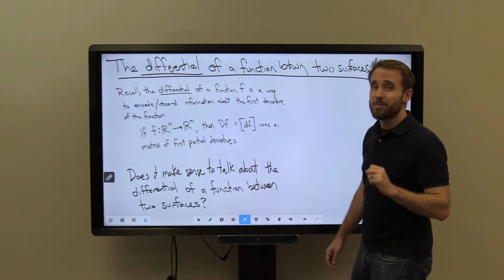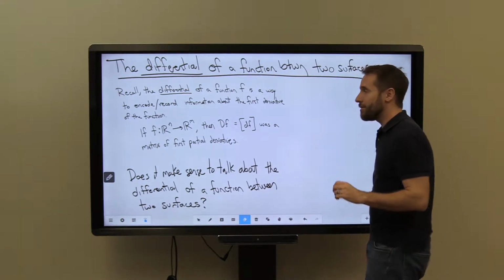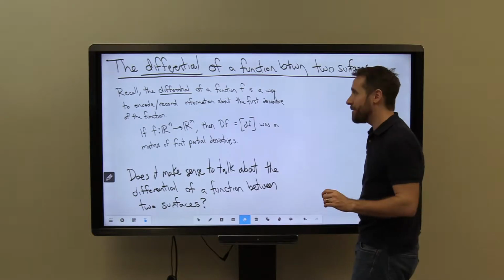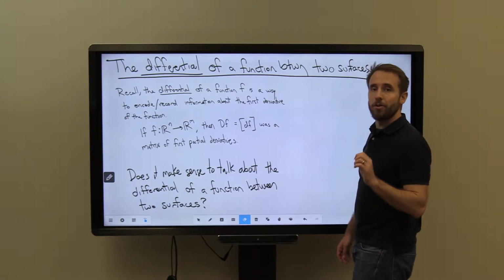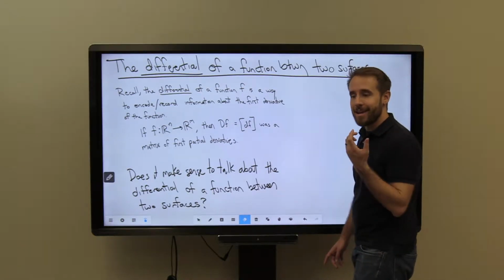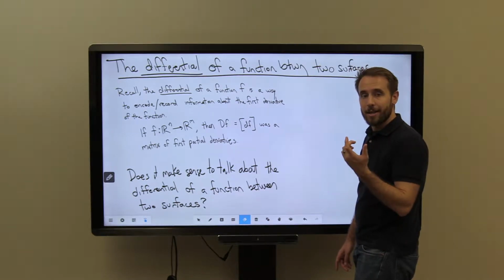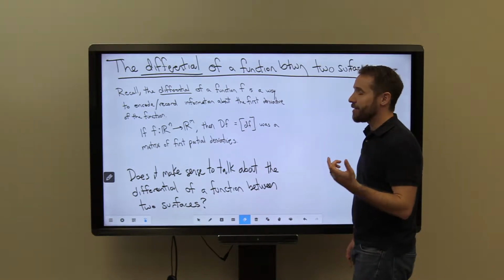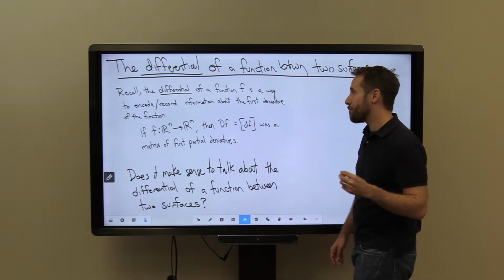The way we've seen this most classically is if we have a function from Rn to Rm, then we can encode the differential as a matrix of first partial derivatives of an appropriate size.